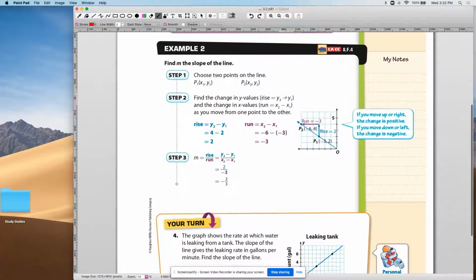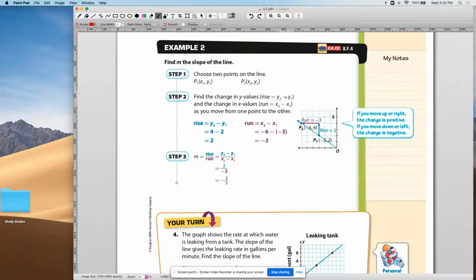All right, so let's look at example 2. And we're just going to find the slope of a line. And it says you can choose 2 points on the line. Okay, so there's 2 points. And you're going to find the change in y values, which is the rise. So you're going to find 2 points, use 1. And I always like to label the points.